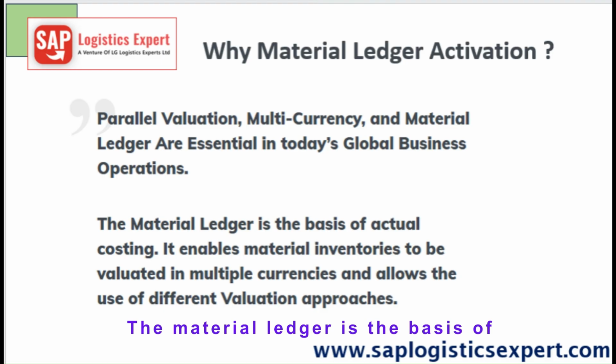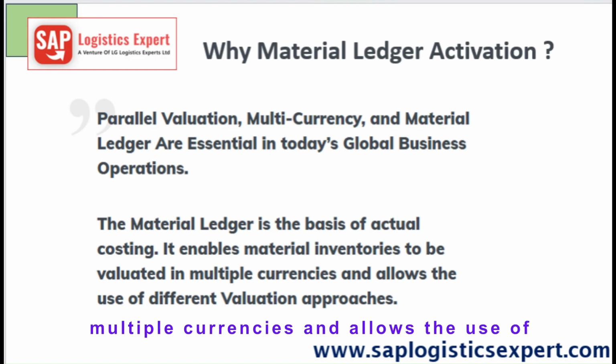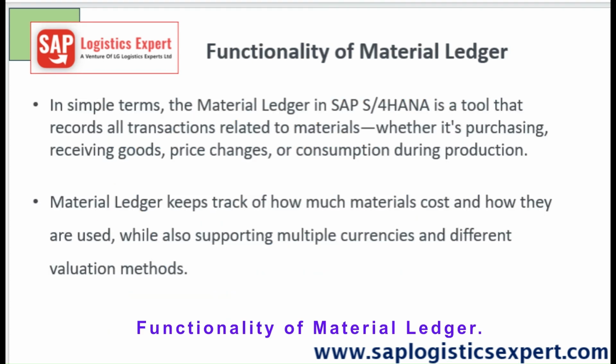The material ledger is the basis of actual costing. It enables material inventories to be valuated in multiple currencies and allows the use of different valuation approaches. Functionality of material ledger.